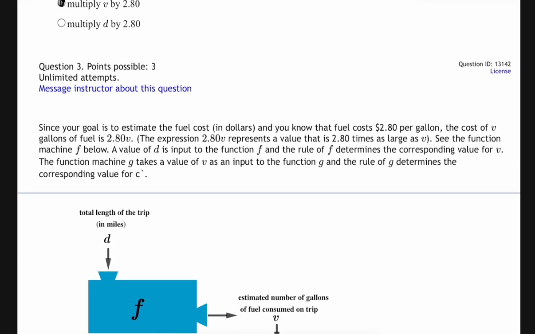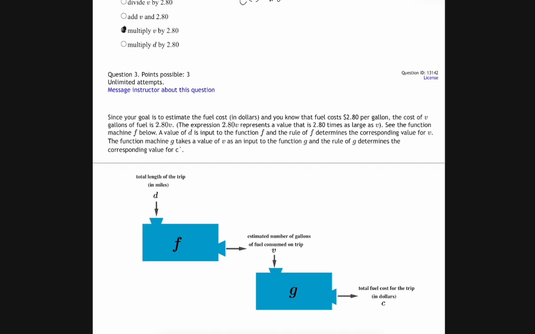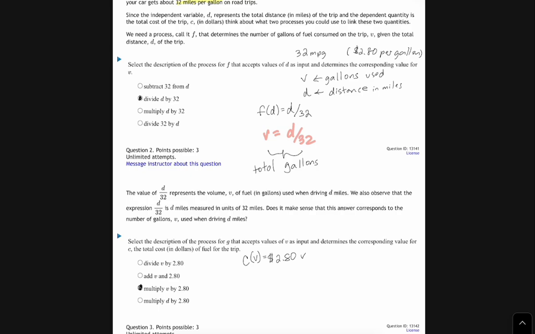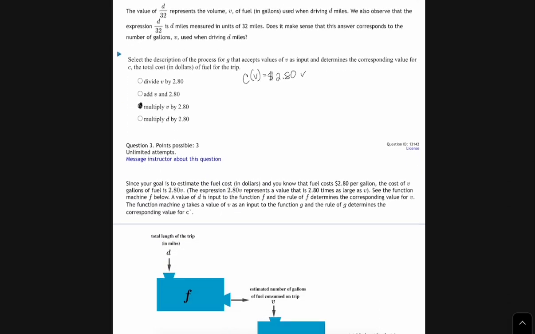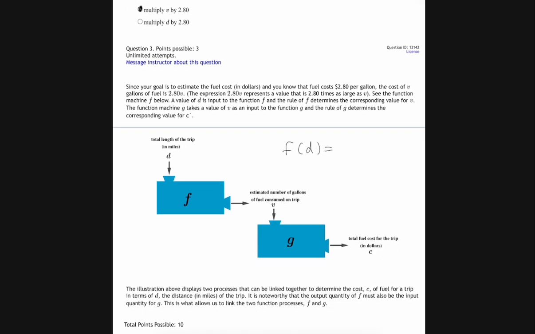But what they're going to want us to do is, look, we want a function that blends those two things together. So see, the V is D divided by 32. So we want to first have our F function be D divided by 32.